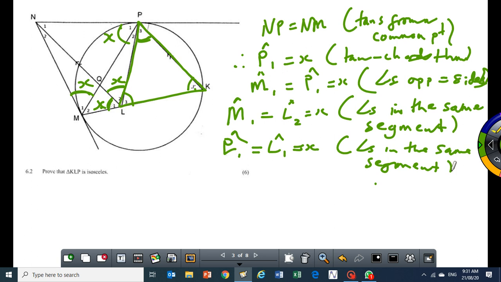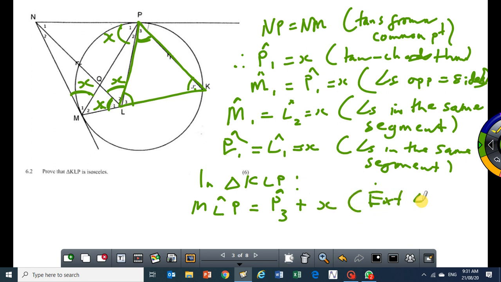Right, so this angle here is going to be equal to, so let me identify my triangle. In triangle KLP, angle MLP is equal to P3 plus x, and this is the exterior angle of a triangle.